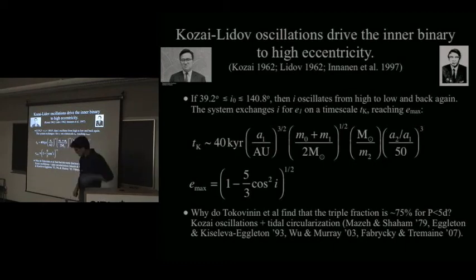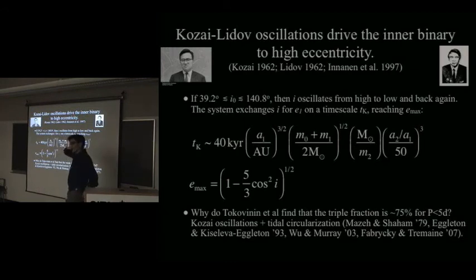So this 39.2 is completely mass independent? No, it's not completely mass independent, because at octupole order, this expression is not quite right when everything is finite mass. Wait a minute, you're asking about the maximum eccentricity? The maximum eccentricity, or the critical angle.